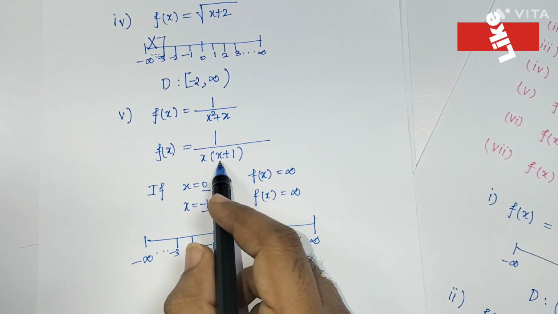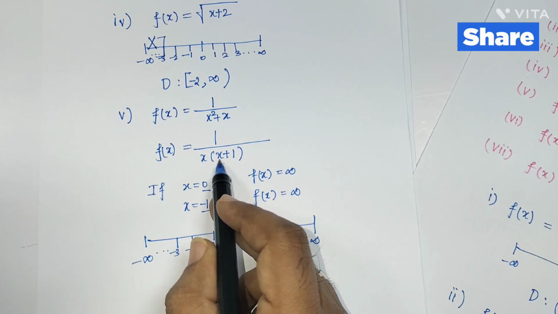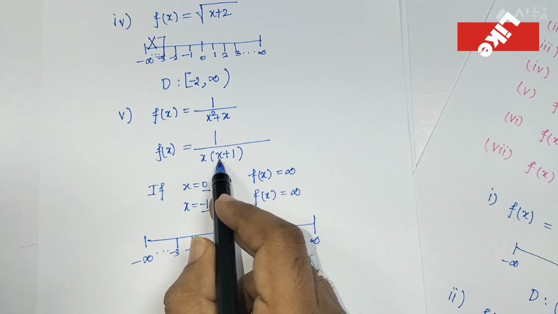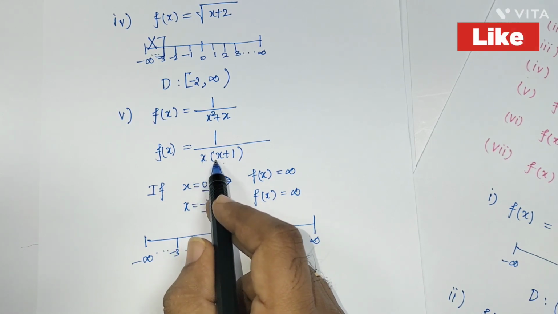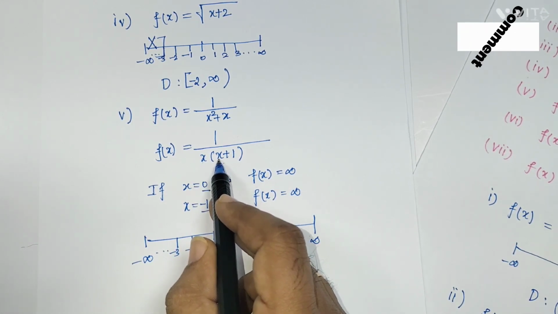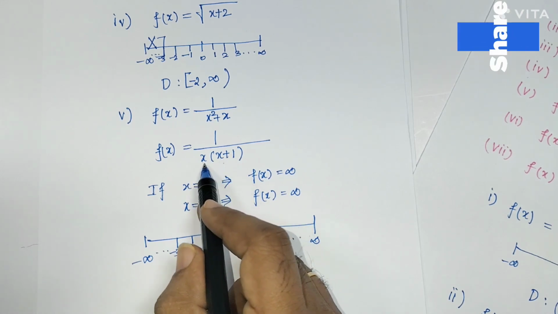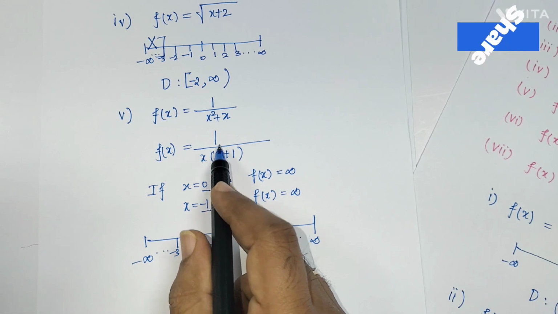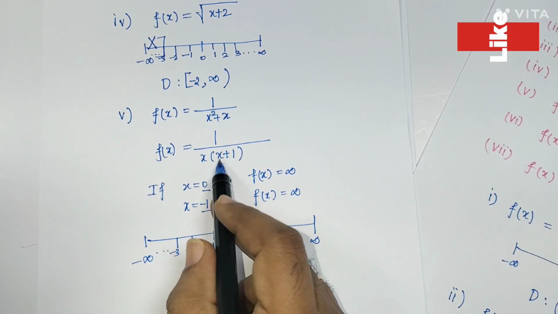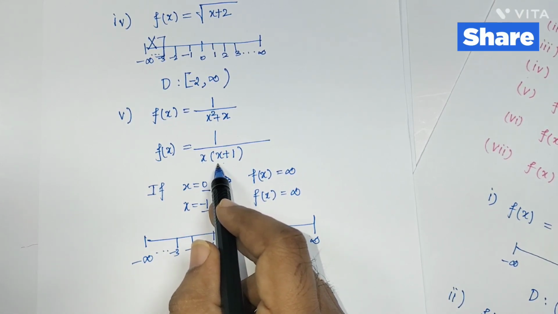So for example, except minus 1, suppose I substitute minus 2. When I substitute minus 2 for x, I will get minus 1 and minus 2, and you will get a value. When I substitute minus 3, I will get the answer. When I substitute minus 4, I will get the answer as a real number. Okay, and there must be some answer.